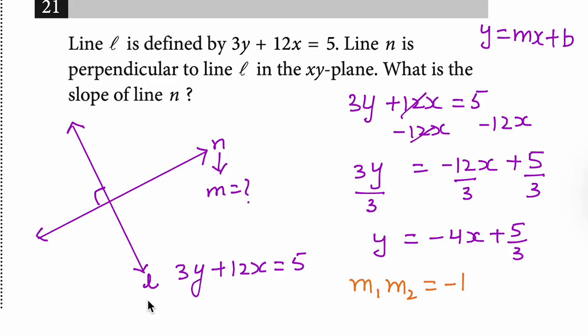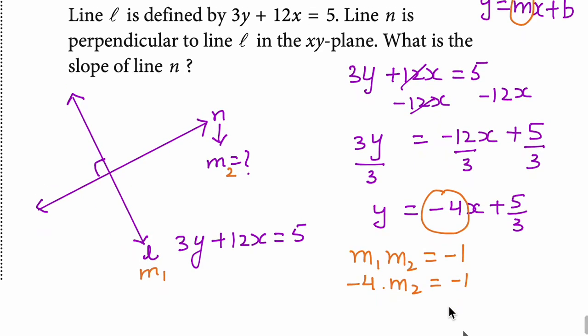Now let's say the slope of line L is m1 and the slope of line N is m2. So m1 is -4, if you compare it with y = mx + b, and m2 we have to calculate, and the product is equal to -1.